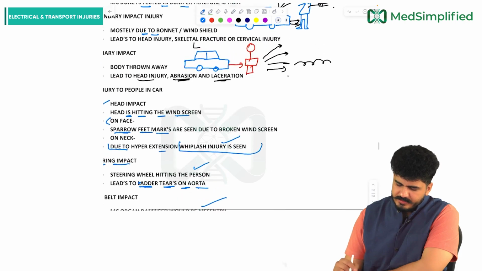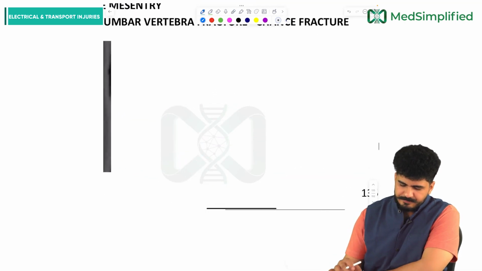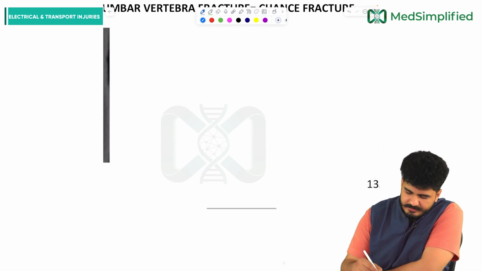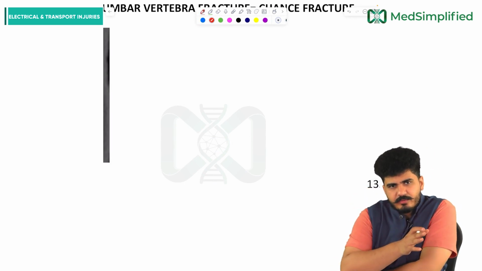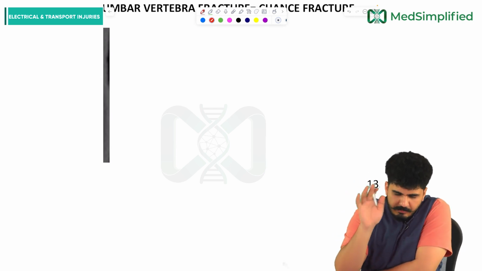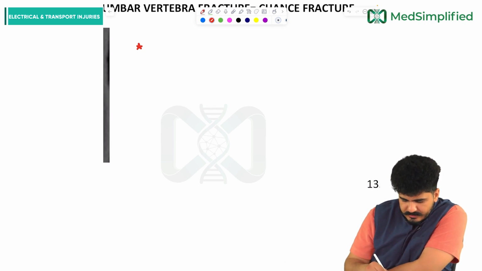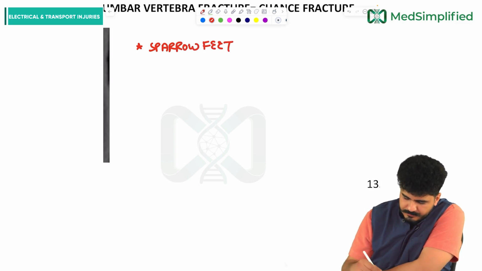Now, two people are sitting in the car. Now we'll compare them, what injuries they can get, my dear friends. All those things can come to the driver and the person sitting next to him. This is a very important MCQ, sir. First we'll see the sparrow feet mark.